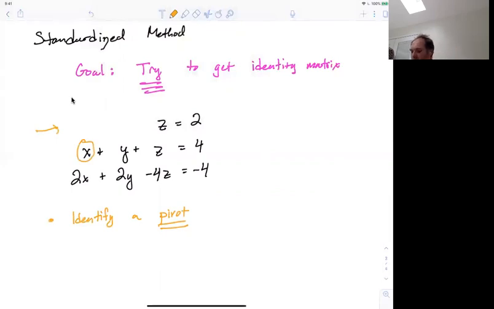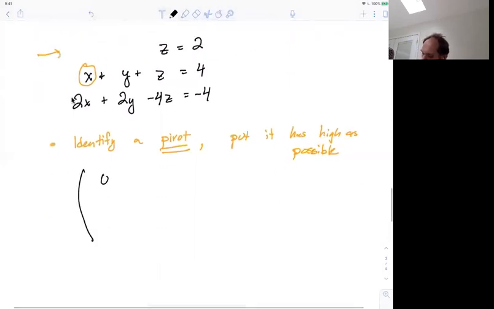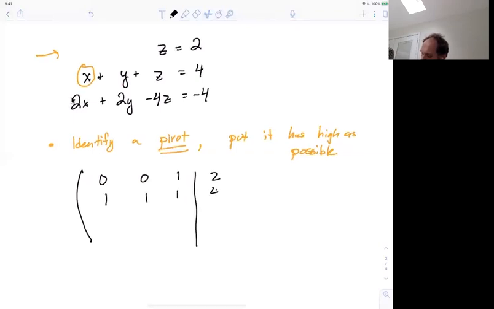And we want to make that one as high as possible. So when we convert this to an augmented matrix, this is our pivot position, but we want to make this one as high as possible. So we're going to exchange row 1 with row 2.